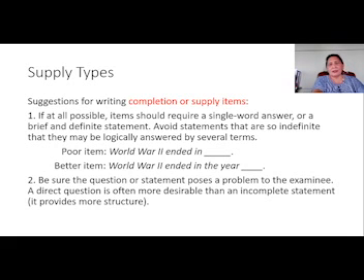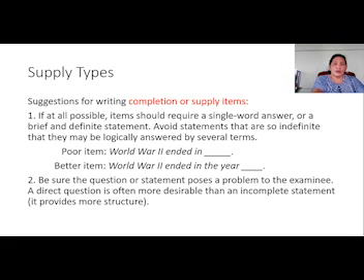It could be answered by year or it could be answered by place. So a better item would be World War II ended in the year, if we want the answer to be a year. Okay, so I think that's clear enough to you. Let's go to the second suggestion.